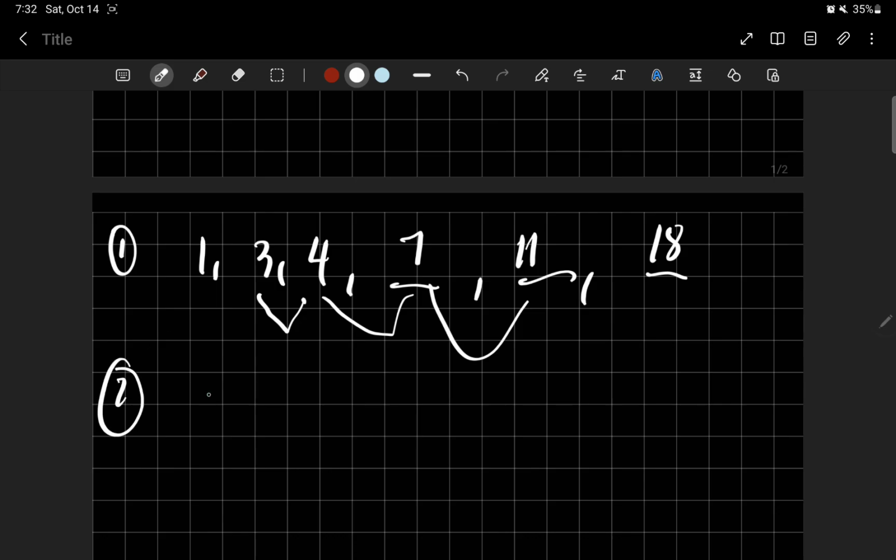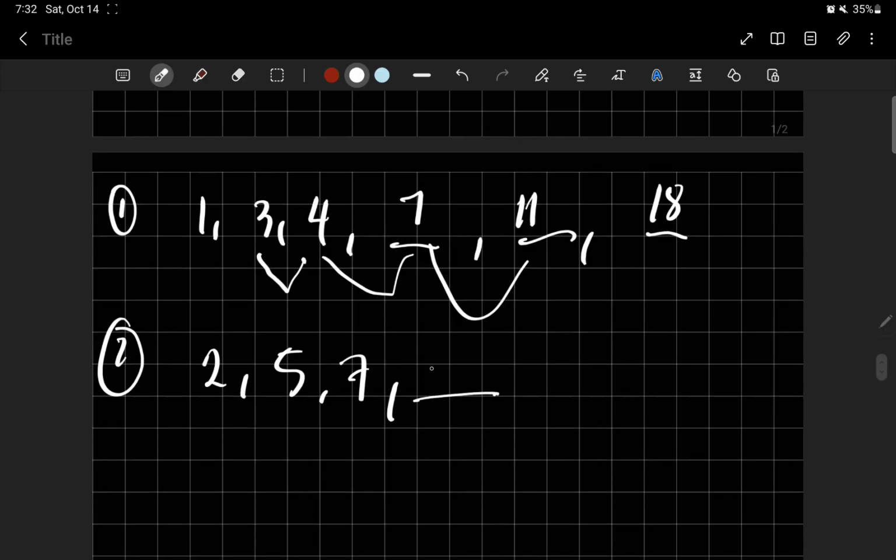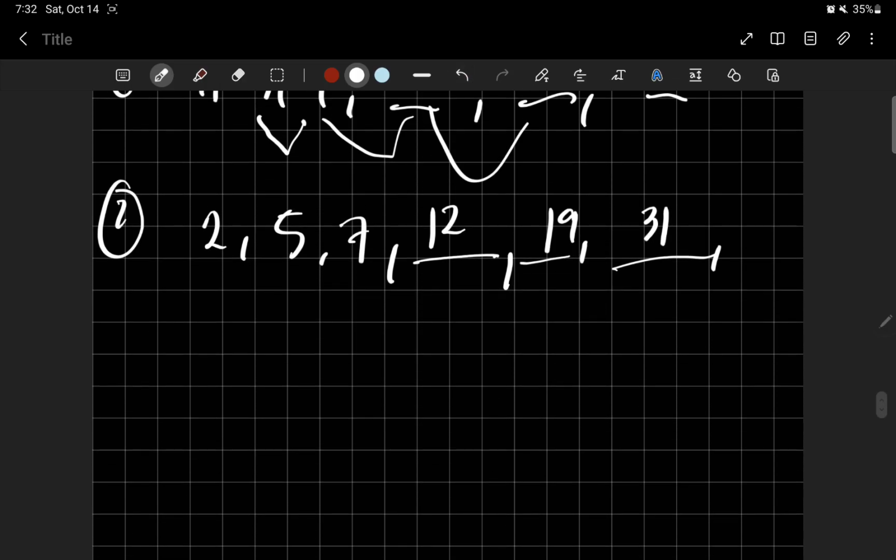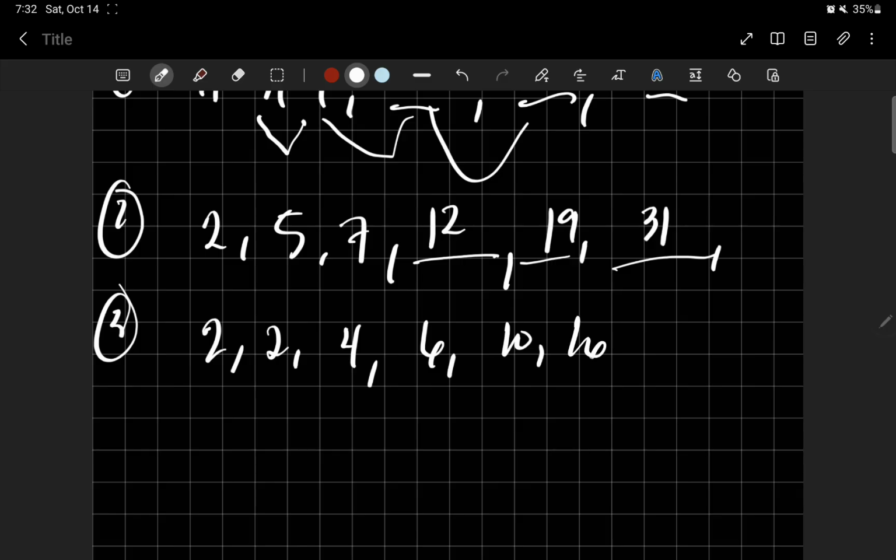Okay, second example, if we have here 2, 5, and 7, so the next term will be 5 plus 7, that is 12. 7 plus 12, that is 19. 12 plus 19, that is 31. Okay. Next, if we have here 2, 2, and 4, the next term will be 6, 10, and 16.